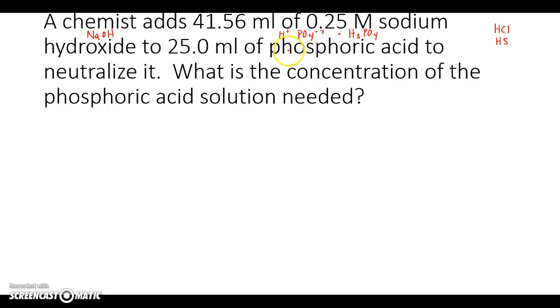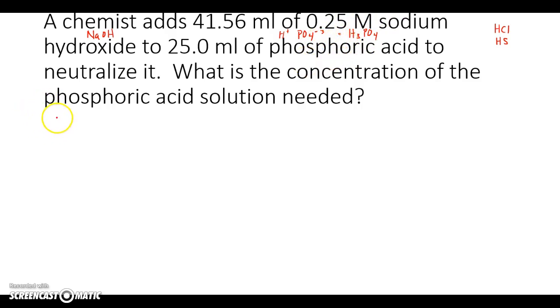But if it does not have the term hydro in front, we know that it is polyatomic. We look at the name that closely matches the name of the acid and just write a hydrogen in front of it. So that's just a quick lesson of how to name acids.